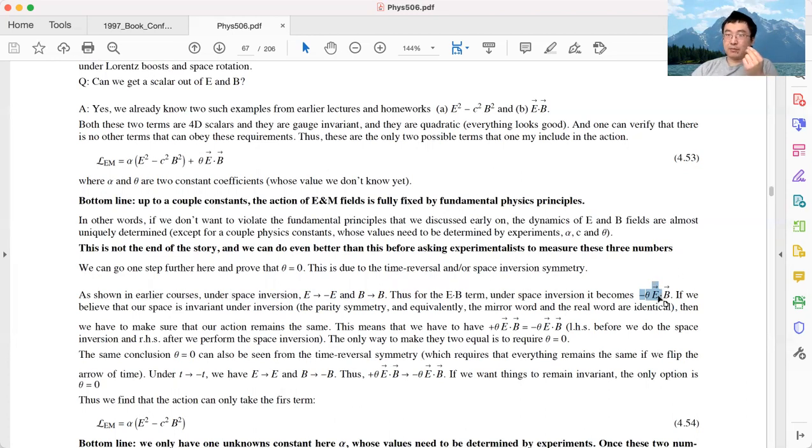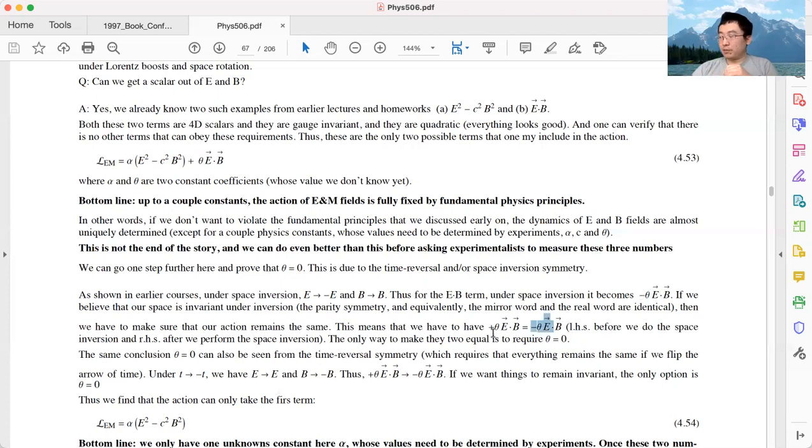But at the same time, we know the system should have space inversion symmetry. That means the action, or the Lagrangian density, should not change after we do the transformation. Before the transformation, it's plus theta times E dot B. After the transformation, it's minus theta E dot B. This quantity needs to be the same because we want the action to stay invariant under space inversion.